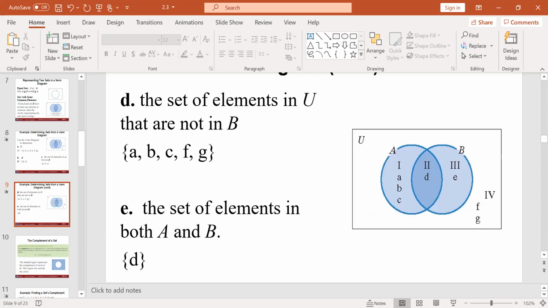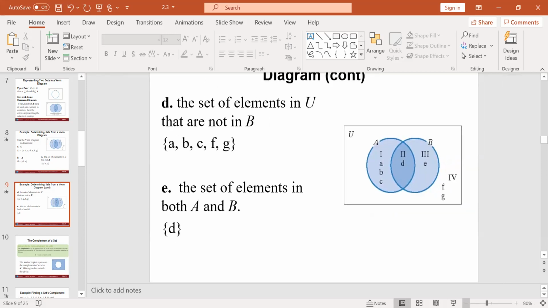So we can ask some more questions about this. The set of elements in the universal set that are not in B. So we need to exclude every element that's in the B circle. So we need to throw out D and E. And what that leaves is A, B, C, because they're not in the B circle at all, as well as F and G, because those are not in the B circle.